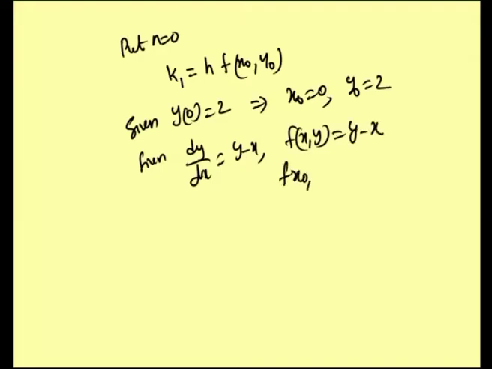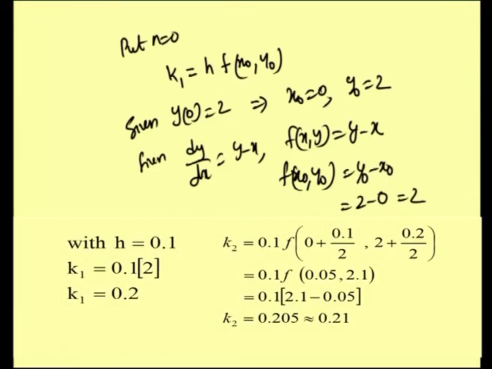So, f of x naught comma y naught is y naught minus x naught, which is equal to 2 minus 0, with h is equal to 0.1. We are finding out y of 0.1. Therefore, k1 is equal to 0.1 into f of x naught comma y naught, which is 2. So, k1 is equal to 0.2.